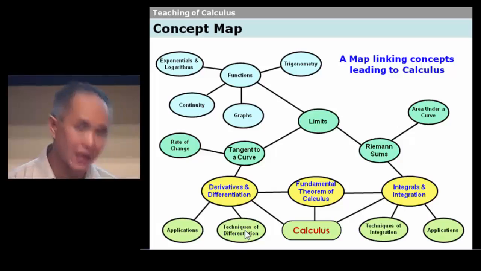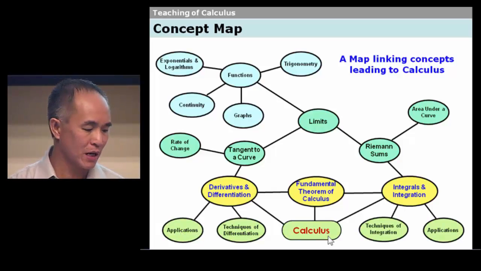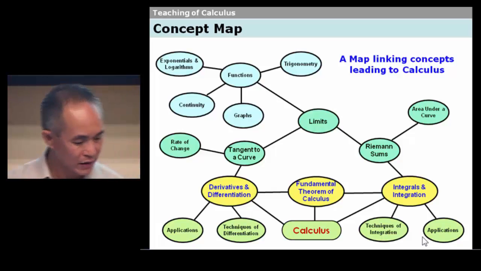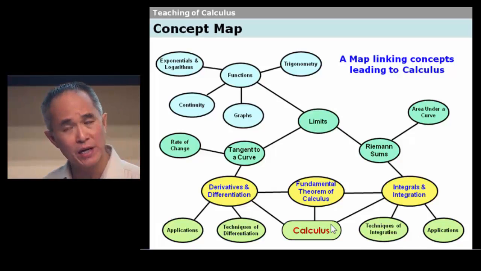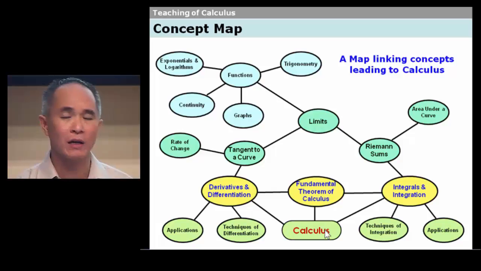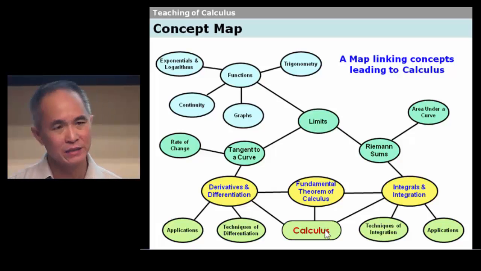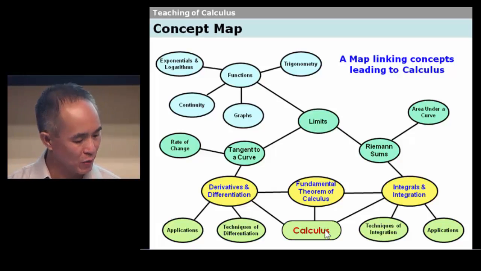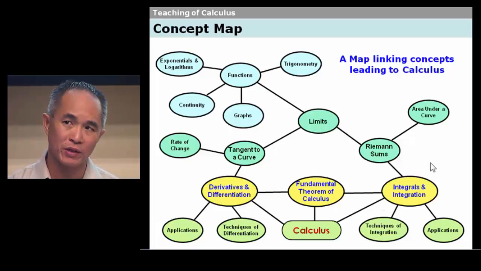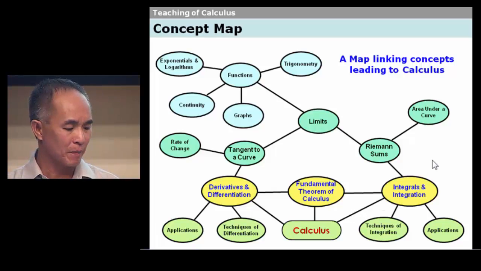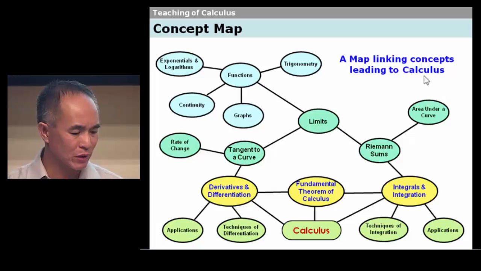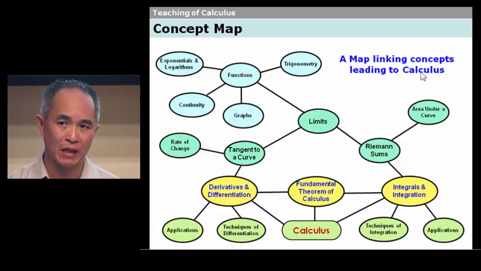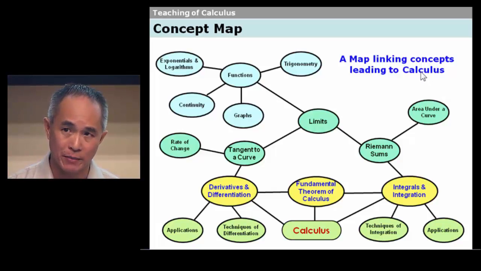And from there, we can talk about the applications of differential calculus as well as the applications of integral calculus. And this whole thing forms at least what we know to be important within the topic of calculus. So these are the topics or subtopics that link together to form something like a concept map.